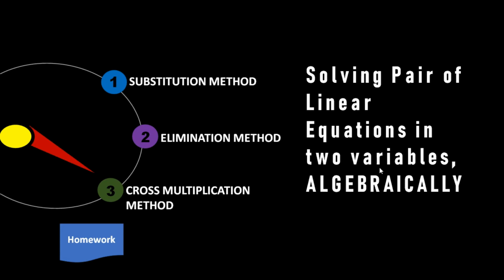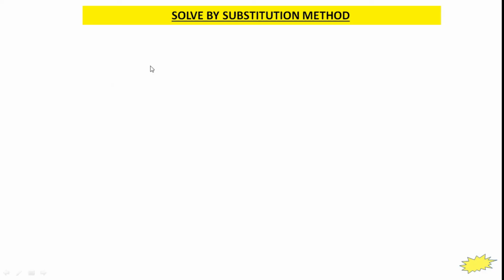Though we can use either of them for technically any pair of linear equations, of course, looking at the pair of linear equations, the choice is with us which one we would like to use for that particular pair. Let's look at the first one, the substitution method.